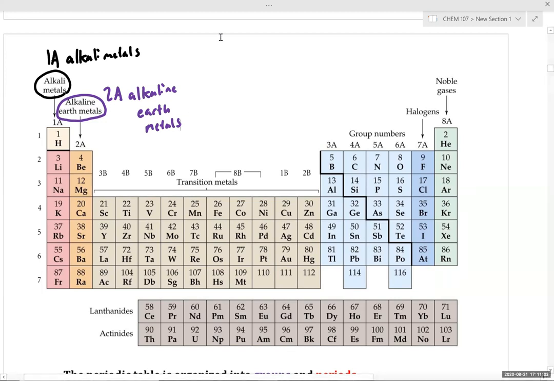What's an example symbol for one of our alkaline earth metals? Yeah, beryllium, or Be, is a good example of an alkaline earth metal. It's in group 2A. Other examples would be magnesium, calcium, strontium, and barium. Perfect. So everything in this group 2A is an alkaline earth metal.